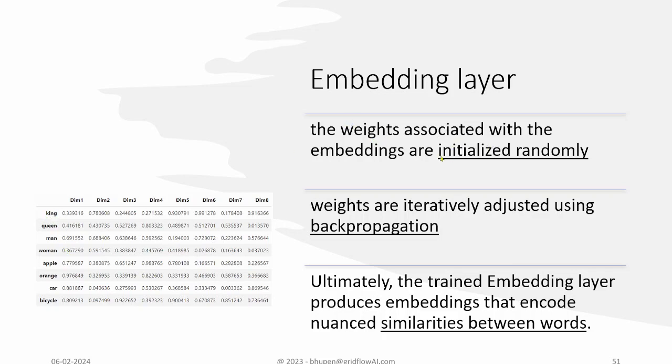The weights associated with the embeddings are initially randomly assigned, and then through the training process, or backpropagation, these weights are iteratively adjusted. Ultimately, the embedding layer will settle for minimum loss, and that produces the semantic representation for the words. That means similar words will have similar embeddings.